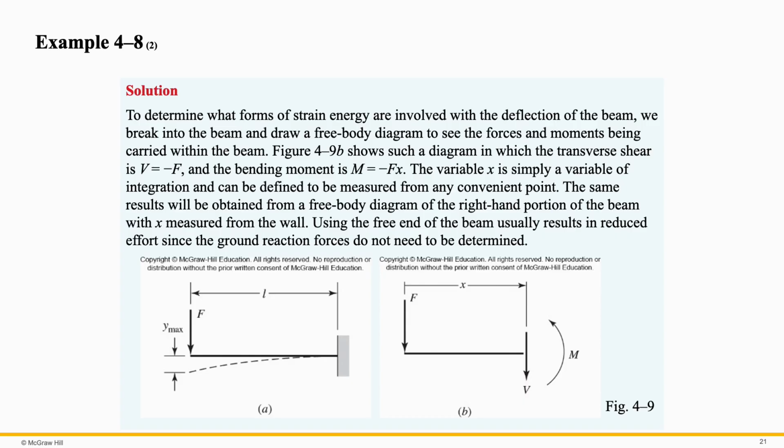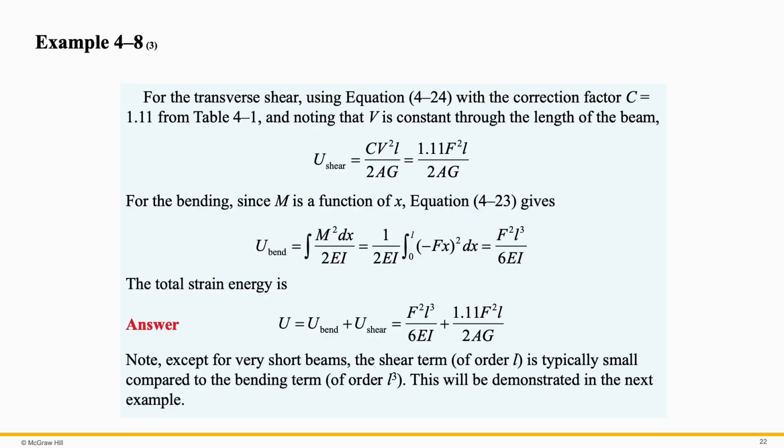Therefore, the strain energy developed in this beam would have two components. The first component is the strain energy produced by the transverse shear, and the second one is the strain energy produced by the bending moment. So as you can see here, this is the strain energy produced by the transverse shear. C is a factor, a constant. For a circular cross-sectional area, it is equal to 1.11. It was provided in the table on the previous slide.